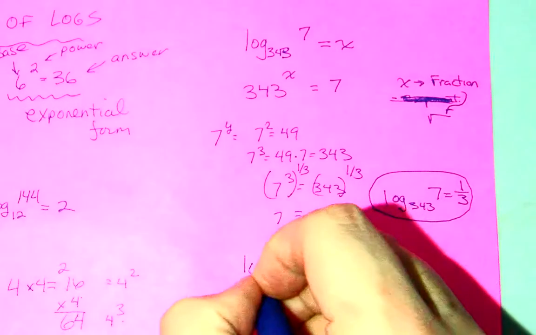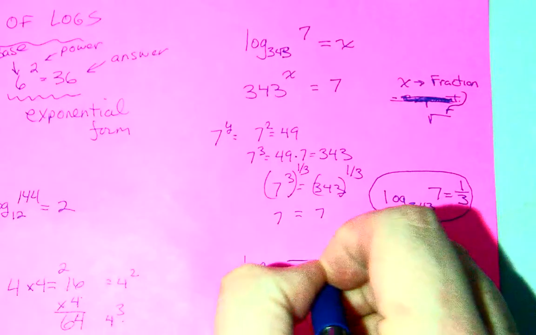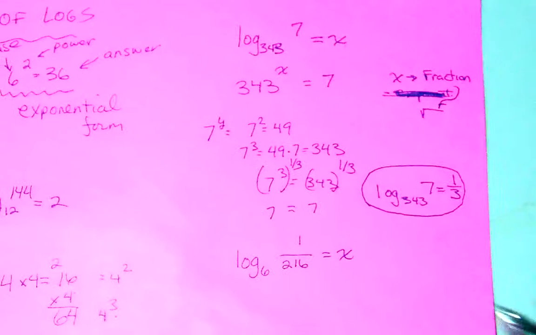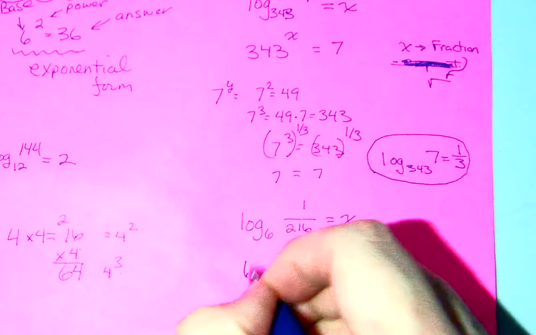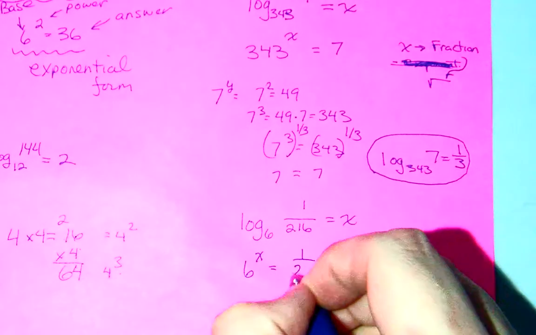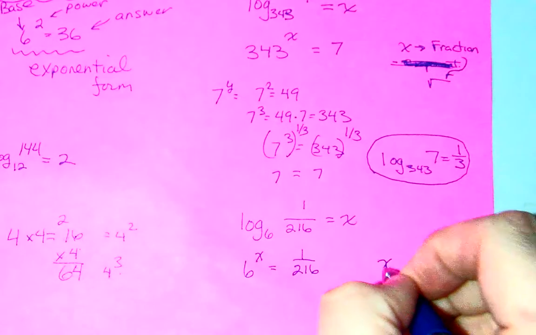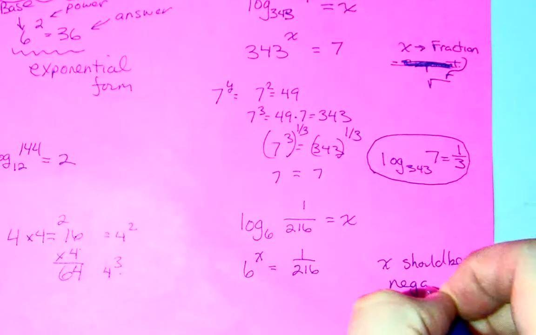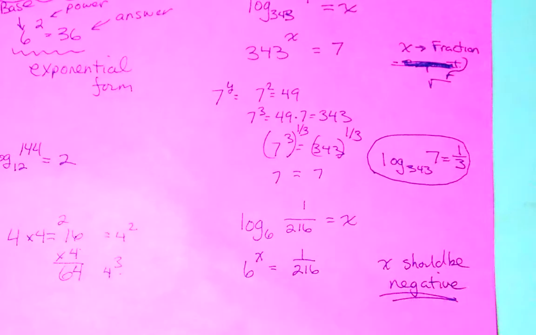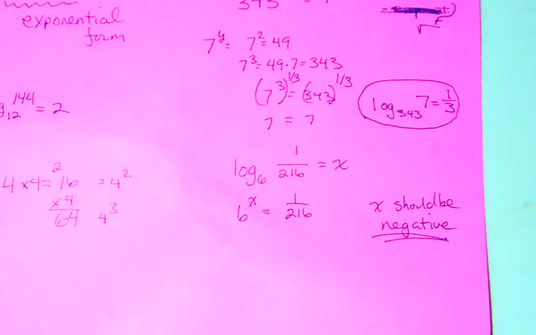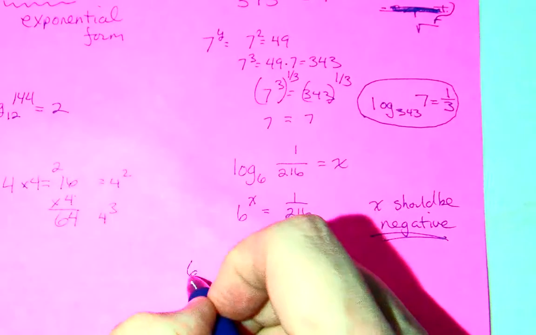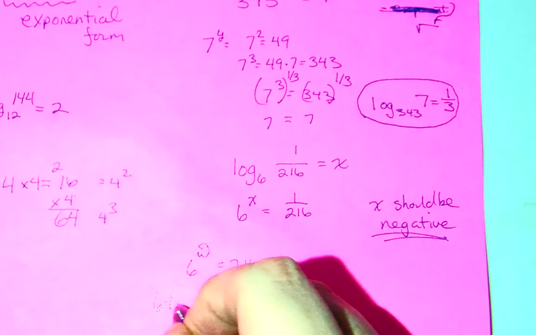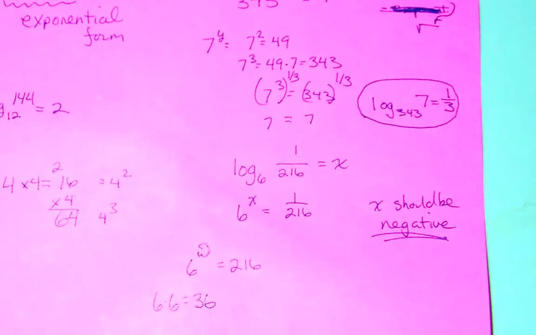If you have, for example, log base 6 of 1 over 216, and that's equal to x, then you're saying to yourself, all right, 6 to the x is equal to 1 over 216. X should be negative. So if x is going to be negative in this case, I need to figure out 6 to what power is equal to 216. 6 times 6 is equal to 36.